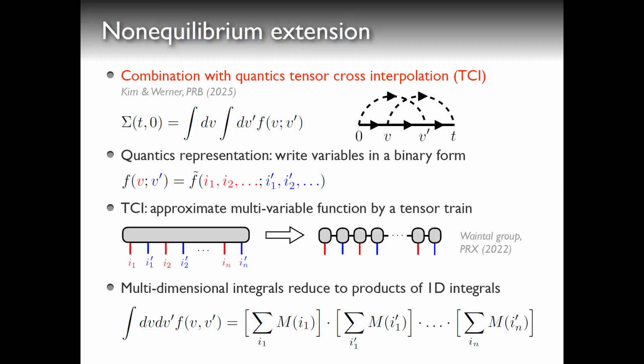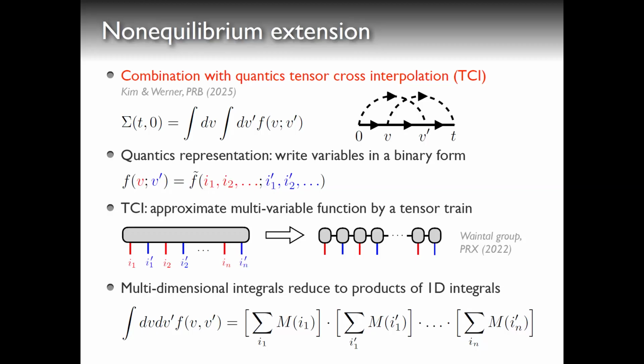This allows us to highly compress the function and to reduce the memory demand for these functions very much. The second advantage is that now we have an approximately factorized form of our function, and so we can express our multidimensional integral in this factorized form as a product of one-dimensional integrals.